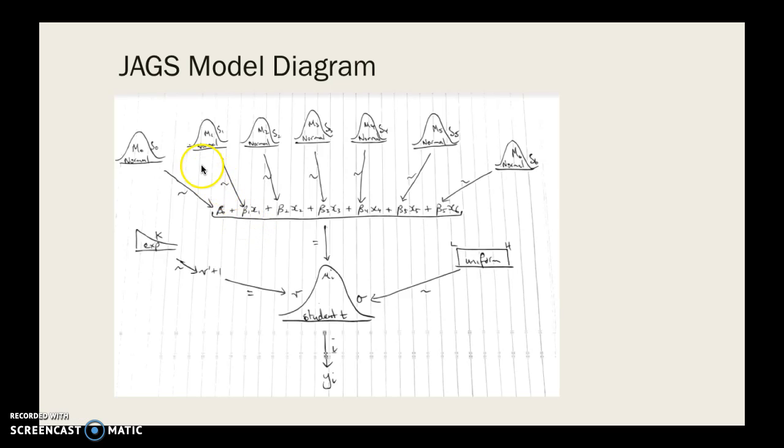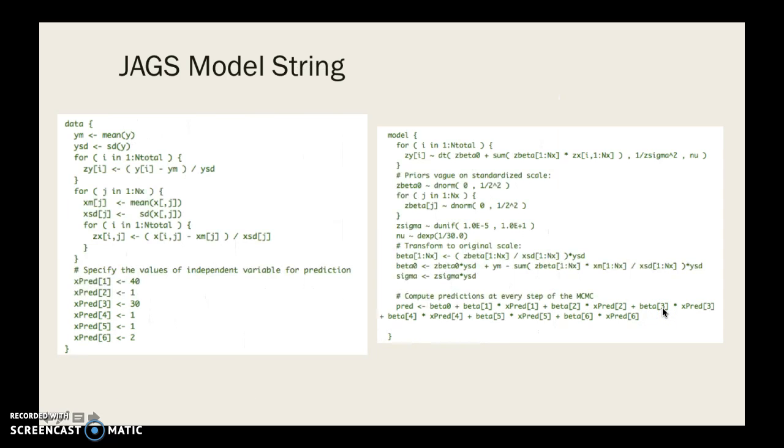As can be seen here, we've got all of the betas modeled as normal distributions, a uniform distribution for the variance, and a student t distribution here as well. So that's how we'll model the data set in JAGS. And here is the model string.